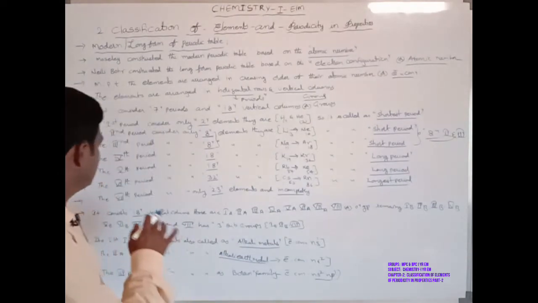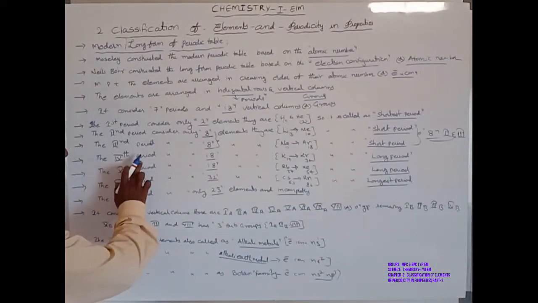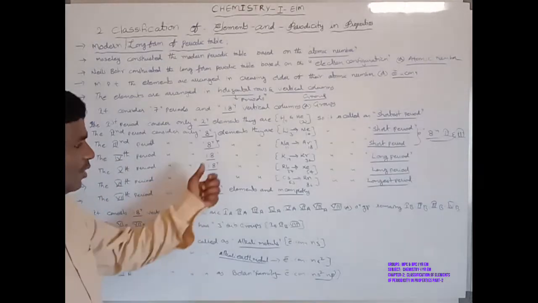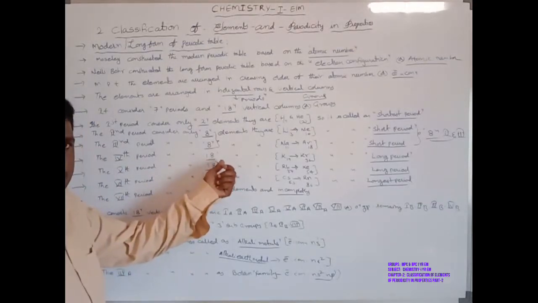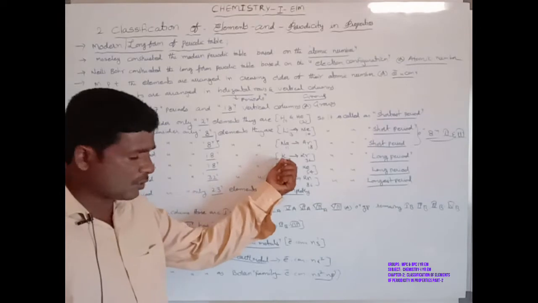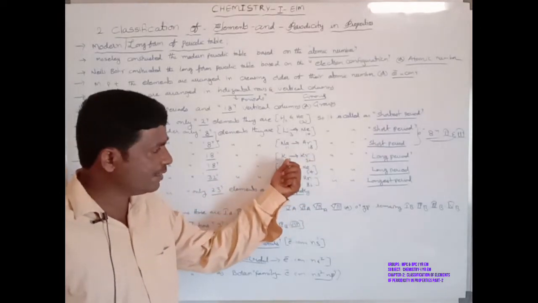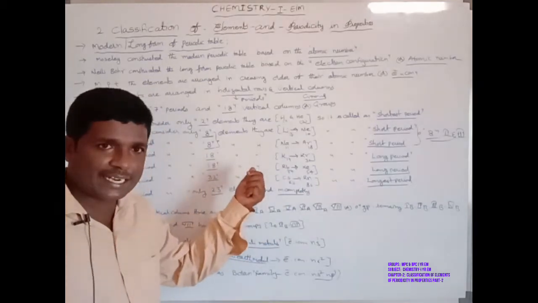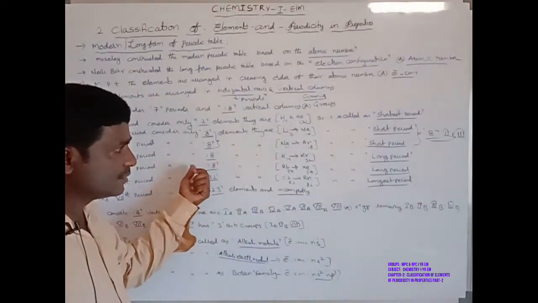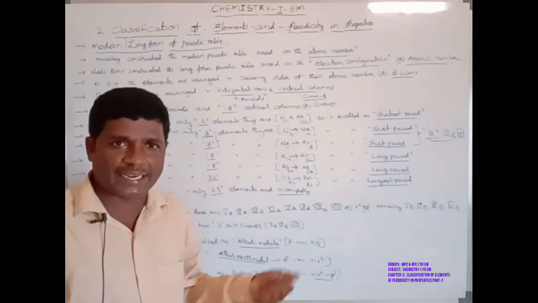Next, in the modern periodic table, the fourth period consists of 18 elements, starting with potassium to krypton. Totally 18 elements are present in the fourth period, so it is also called a long period.